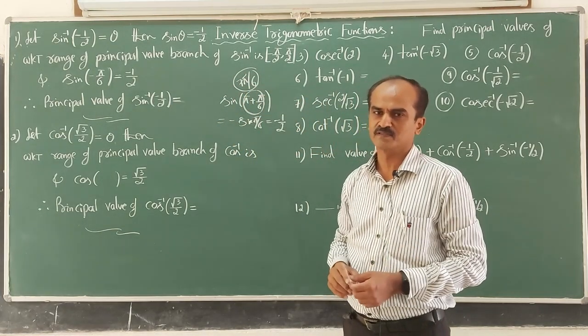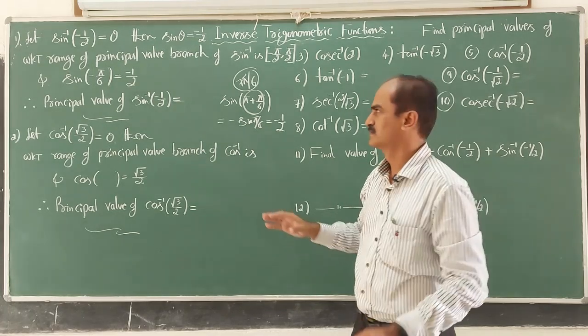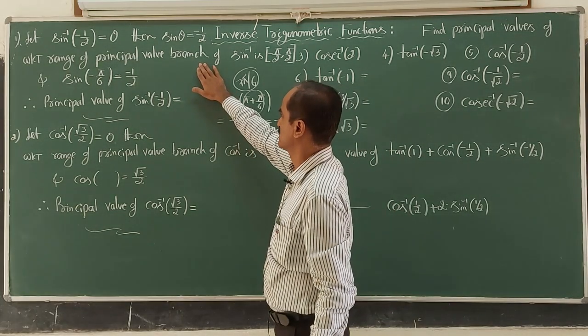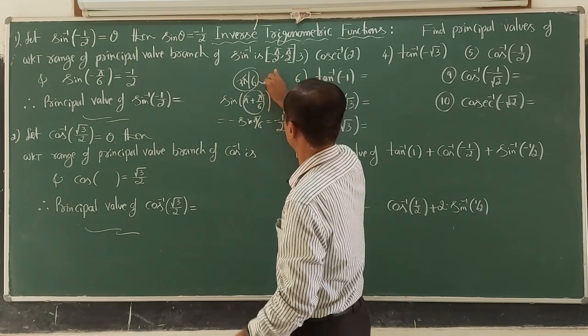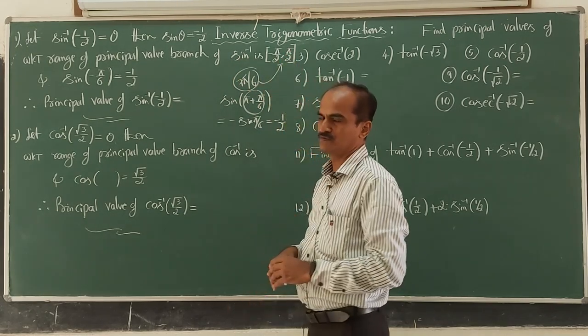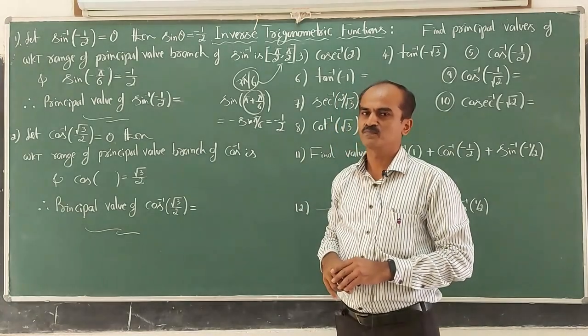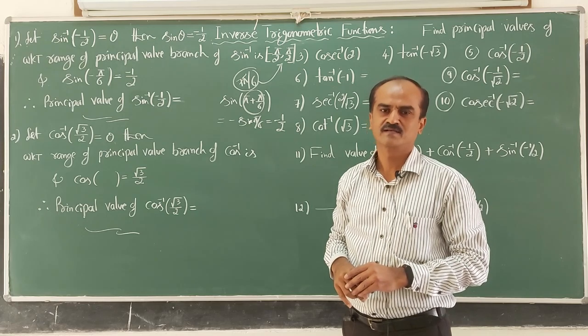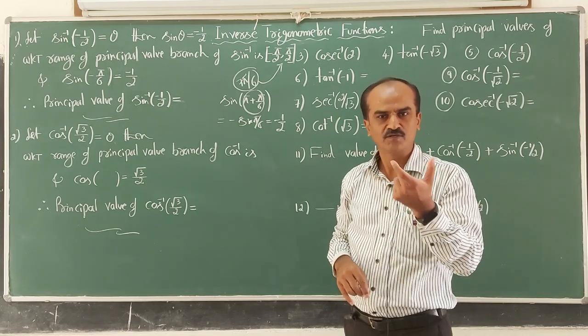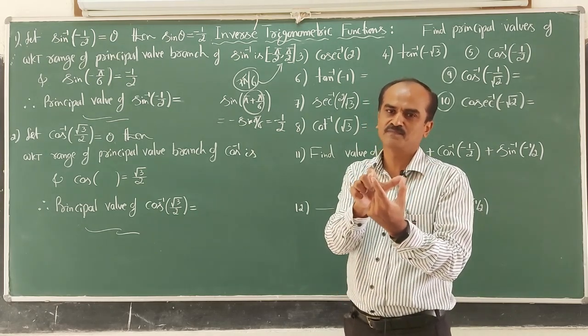No problem with that. But here, we have written the principal value branch of sine inverse is this much. Does this angle lie in this interval? No. So, you are not supposed to write sine of 7 pi by 6 as minus 1 by 2. We have to choose the angle in the principal branch only.